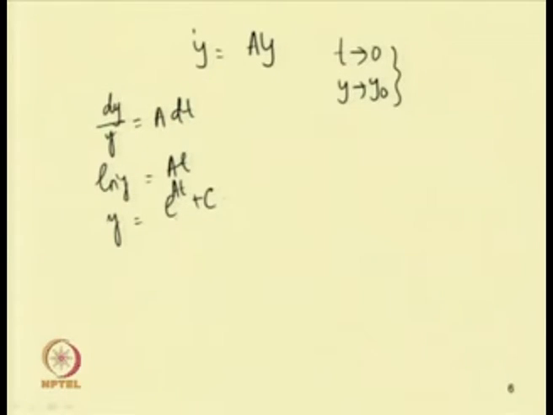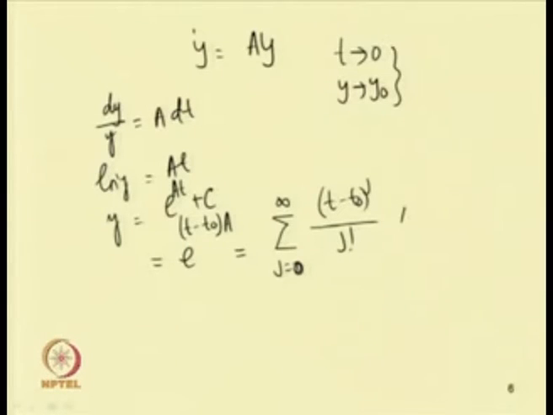The solution we can write as e to the power (t minus t0) A, which can be written as the sum from j equal to 0 to infinity of (t minus t0) to the power j by j factorial into A to the power j. So this is the solution one can get from this equation.